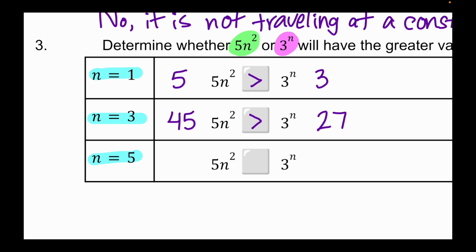Now, on the last row, we're going to do this with 5. So we're really looking at 5 times 5 squared. 5 squared is 25, and then times 5 again is going to make 125.